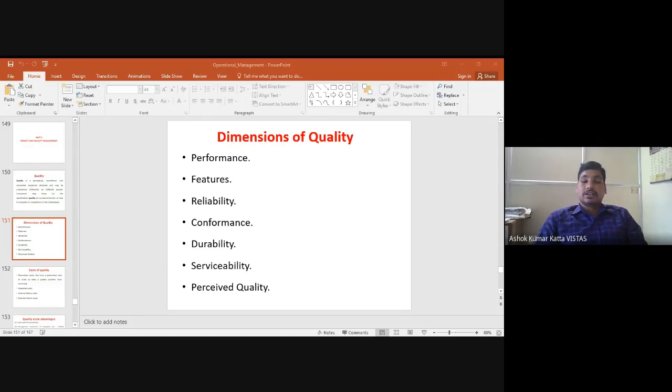Next, durability. How long will the product last after buying it? I can use it for a certain duration, like 25 years, 30 years.